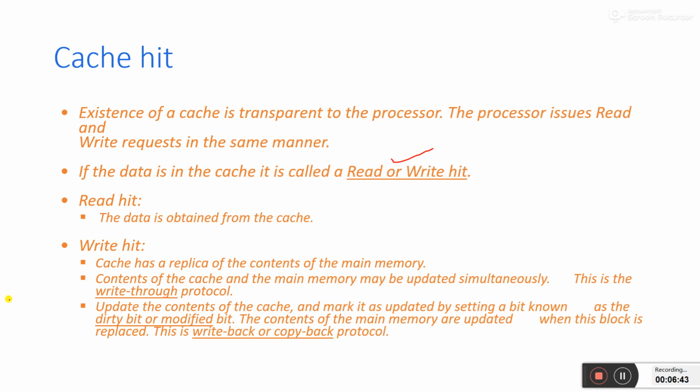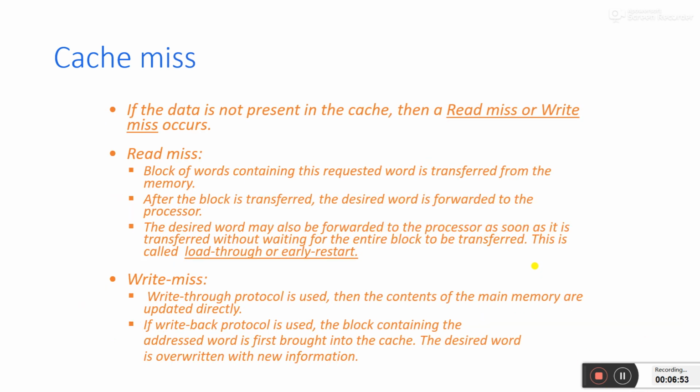So these two protocols are there for the write hit: one is the write-through protocol and another is the write-back or copy-back protocol. What is a write miss? First, what is a cache miss? In a cache miss, the data is not present in the cache, so it is a read miss or write miss. What is a read miss?